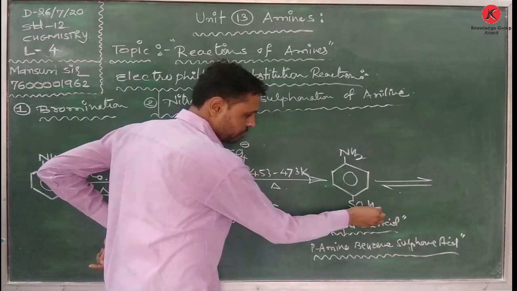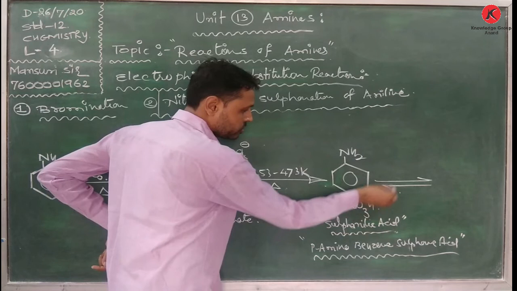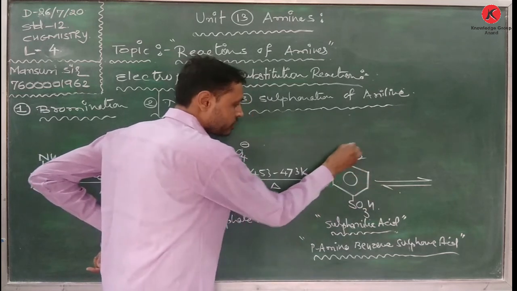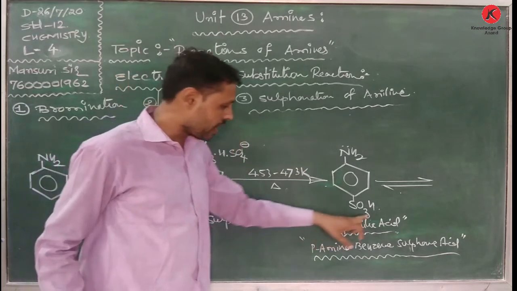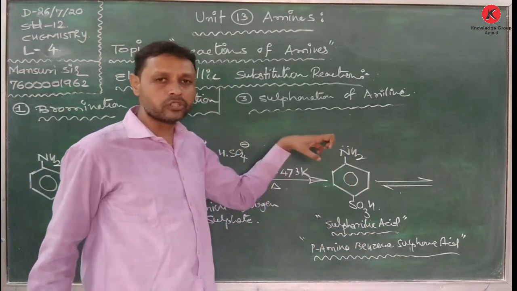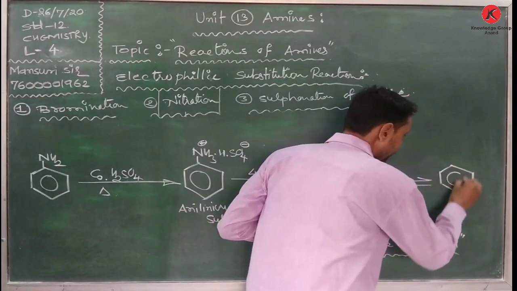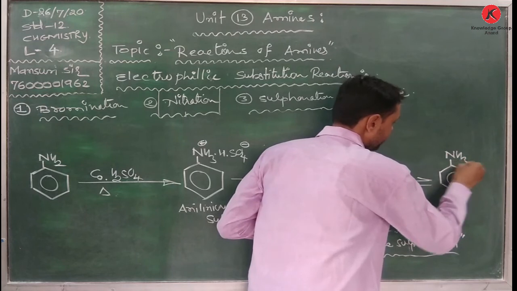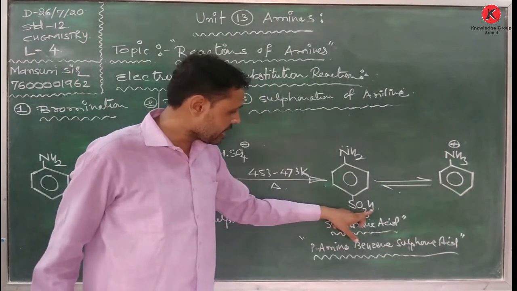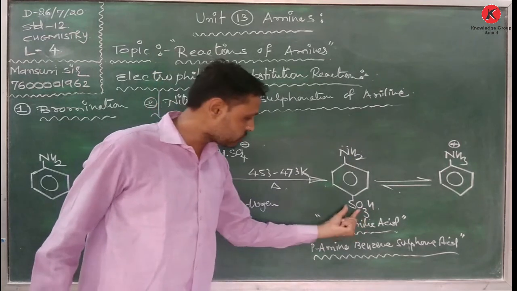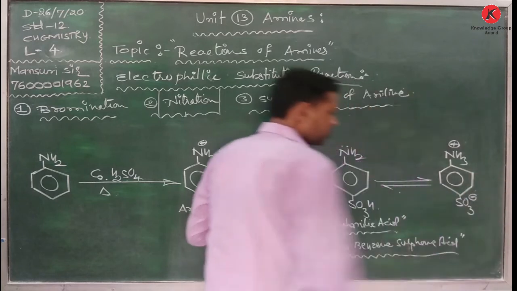Now hydrogen of this sulfonic group will be moving toward the NH2, because nitrogen, which is a Lewis base, will accept the hydrogen, so it will convert into anilinium ion, right? This is anilinium ion, so NH3 plus, and here H is moving from here, so SO3 minus will be obtained in this compound.